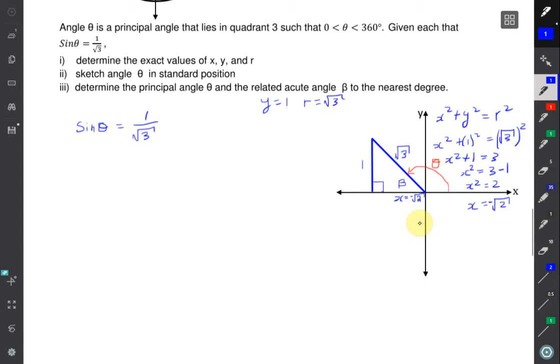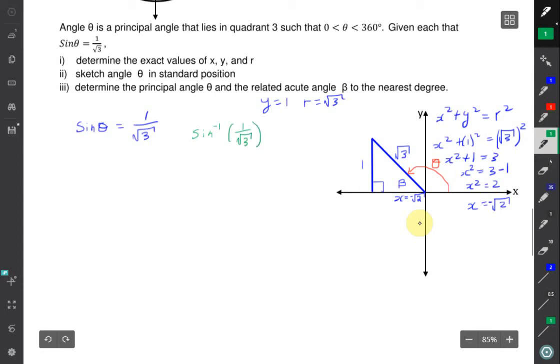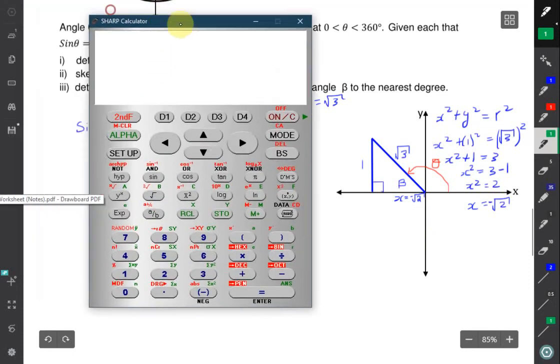Now, once again, I don't know what the calculator will give me, beta or theta. So I will do the inverse sine of 1 over root 3 and see what value I get and interpret it from there.